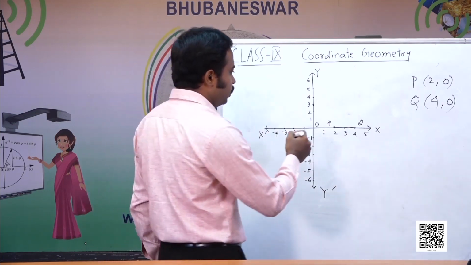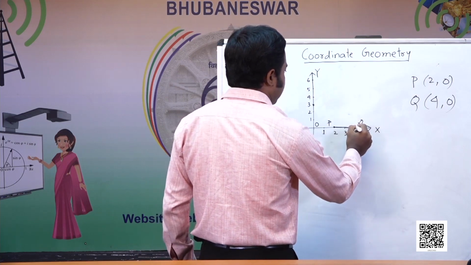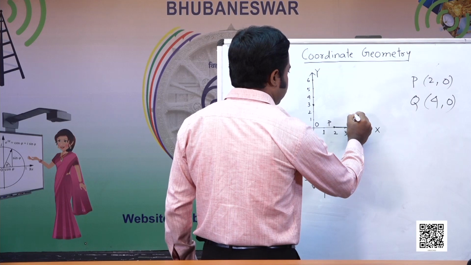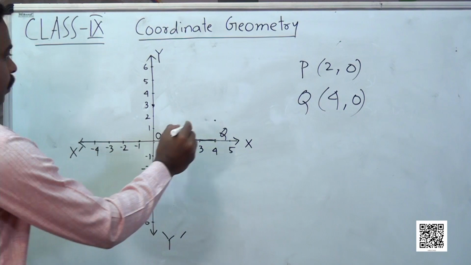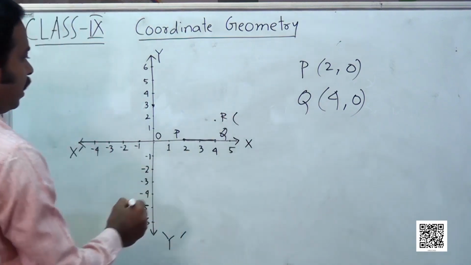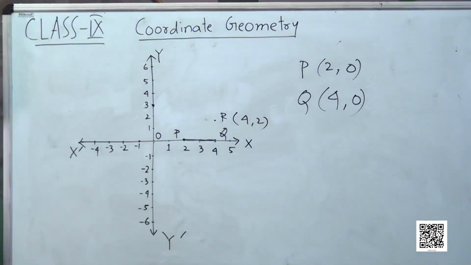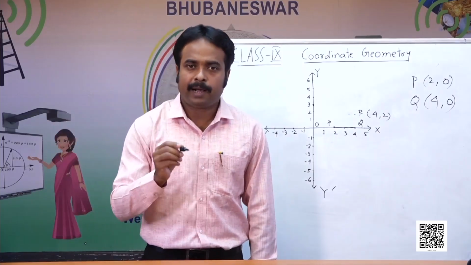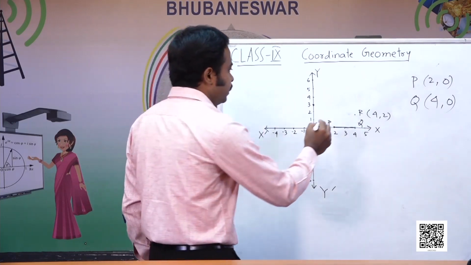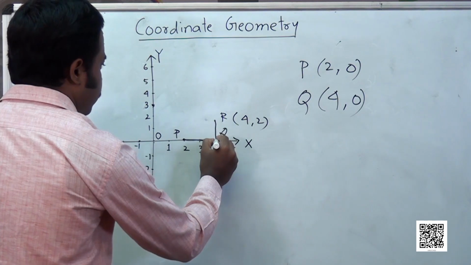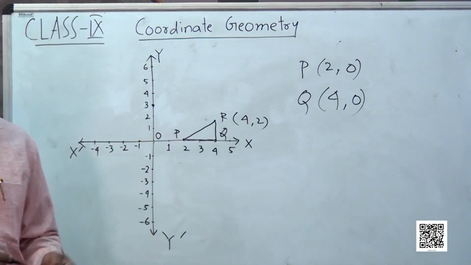First option, we may take R as this point. The coordinates of R are (4, 2). If you take R as this point, then you can easily see that if we complete this diagram, we are getting a right triangle.